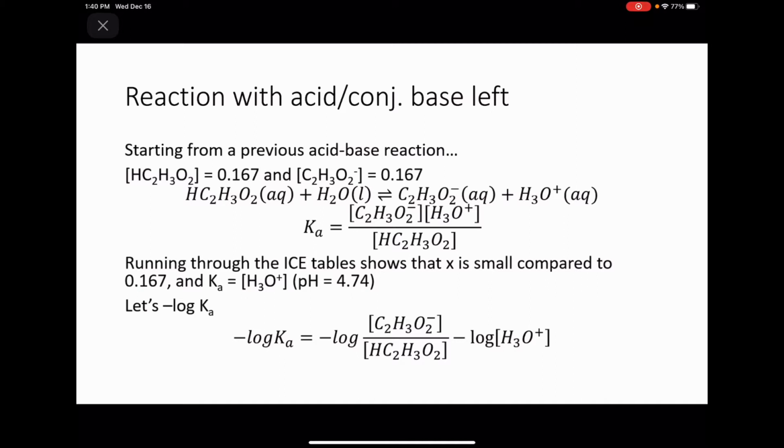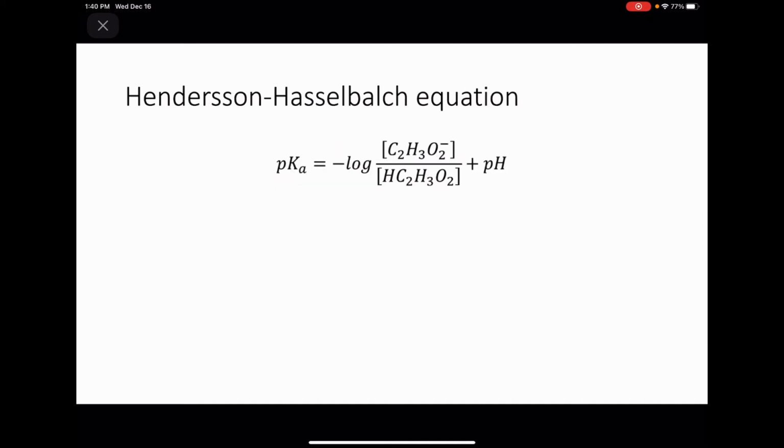I've left the acetate over acetic acid in the first log, but remember, if we have products of logs, we can add them, because it's a property of logarithms. And so then we would have a negative log H3O plus, which looks very familiar, like pH. And for the negative log Ka, we can just put the p in front of it, just like we did with pH. So the pKa, which is the negative log of the Ka, is equal to the negative log of this ratio of acetate to acetic acid, plus pH.